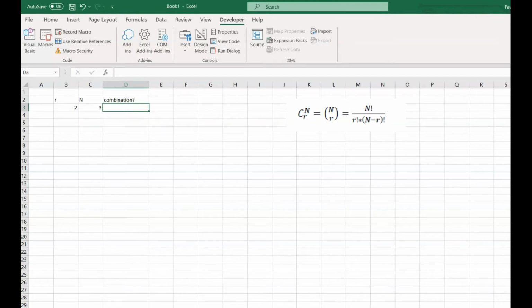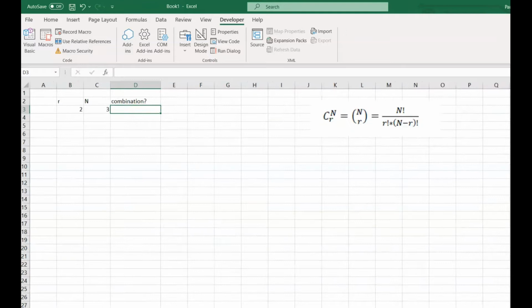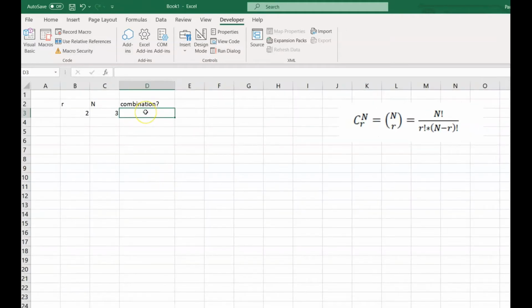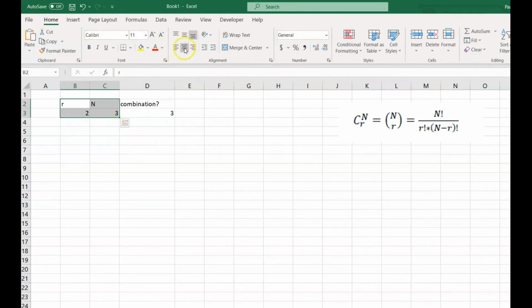Let's make it bigger. We can use equal COMBIN. The first one is the total, and then how many are chosen, so it's 2. In total we have 3.